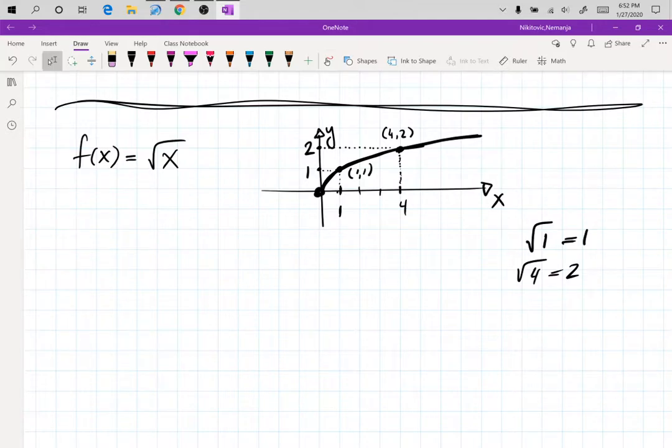Now, what I wanted to say is that for square root of x, you cannot compute square root of negative 2. If you go to negative 2 and try to find the function above, you can go up forever, and you will never find the function to bounce off of it into the y-axis.